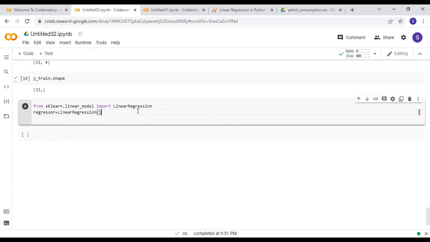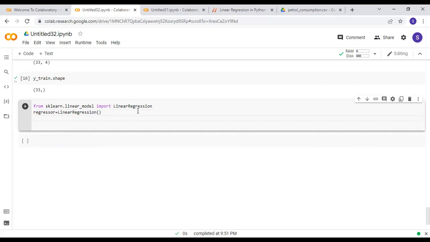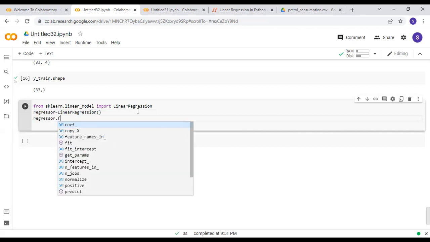Now I want to fit the y_train and x_train into the linear regression. So I'm writing regressor.fit. I'm fitting the values into linear regression.